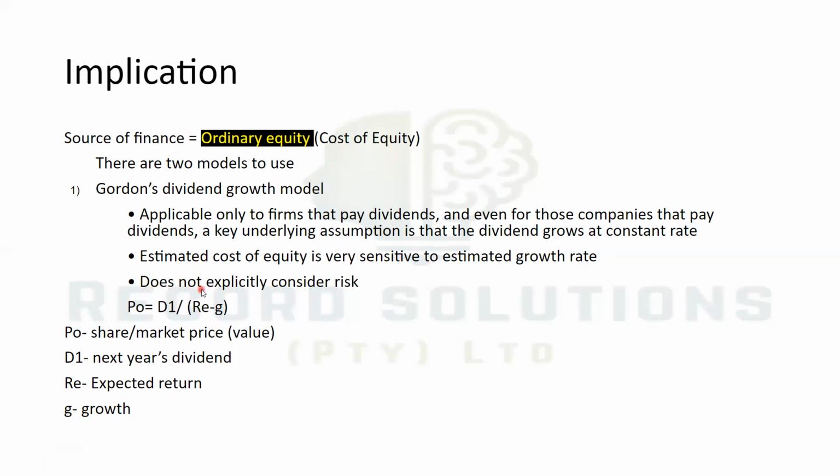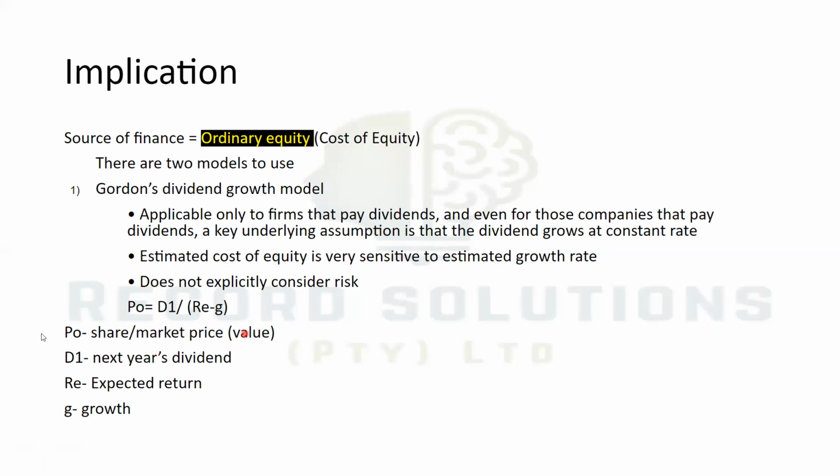And it doesn't explicitly consider risk. The reason why I put only 3 points is because this is not really that important. The important part is, do you know how to really use this formula? Let's come to this formula. It says P0 equals D1 divided by Re minus g, right? So what is P0?